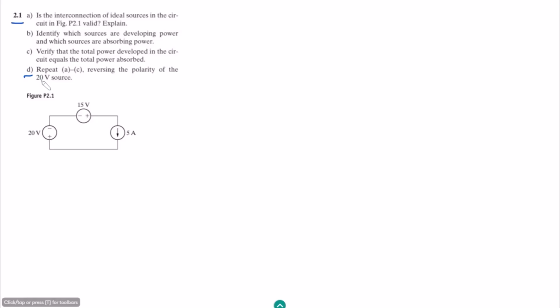Part D is: repeat A to C, reversing the polarity of the 20 volt source. So this is the 20 volt source, and reversing it, we will get what? Let me reverse it. This is the first source, this is the second source, and the third source is here.